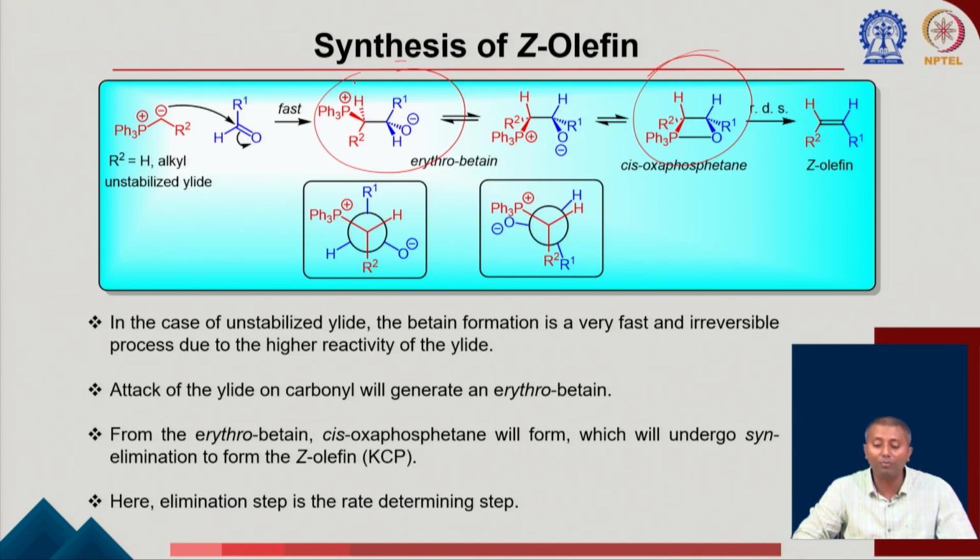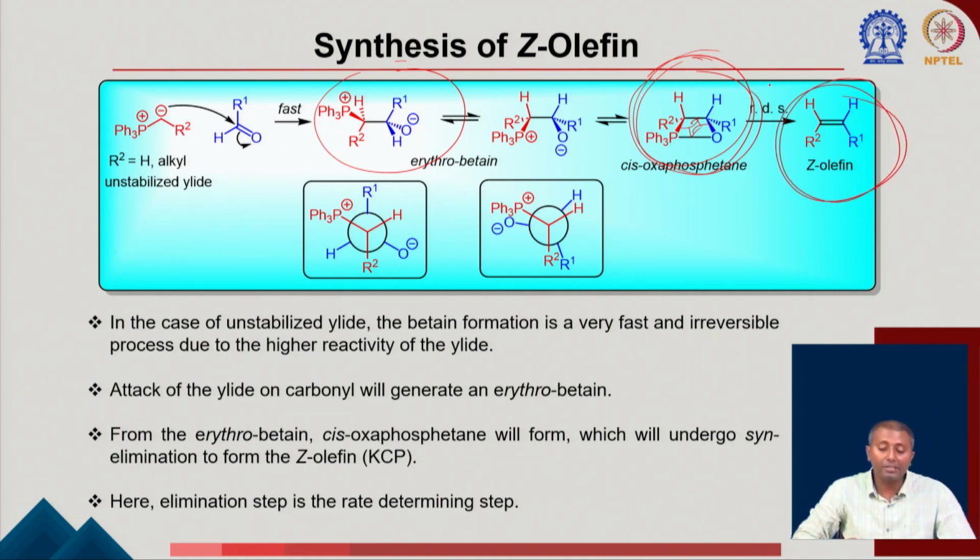It goes to formation of the cis oxaphosphetane intermediate through this equilibrium. Because this is a fast attack, it forms the cis oxaphosphetane very fast, and then from there you can see the formation of the phosphorus oxygen bond and the carbon carbon double bond. So this collapses and ends up forming the Z olefin.